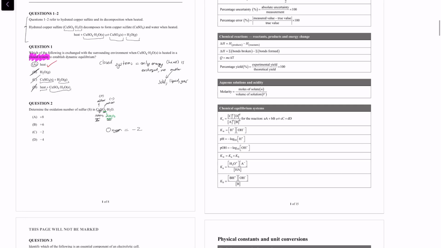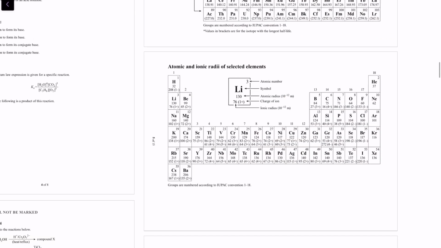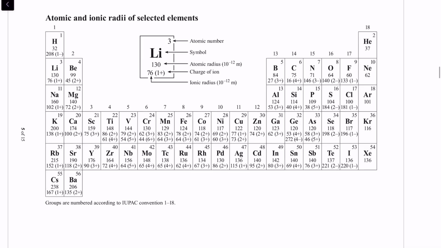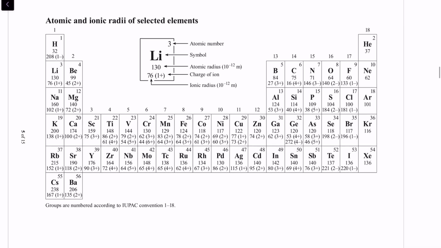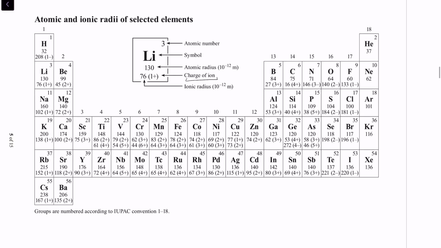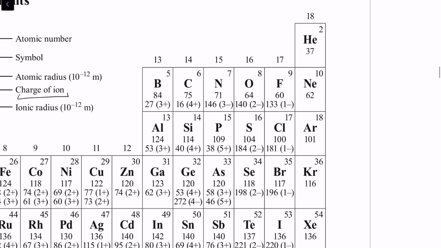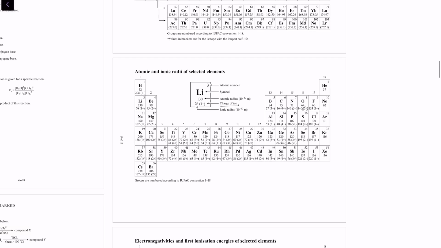And how do we know that if we want to double check? Well, if we go to page 5 with the atomic and ionic radii of selected elements, we also get given the charge of the ion. And usually the charge of the ion is typically what it will have as its oxidation number as well. So we know oxygen, the only number here is 2 minus, okay?